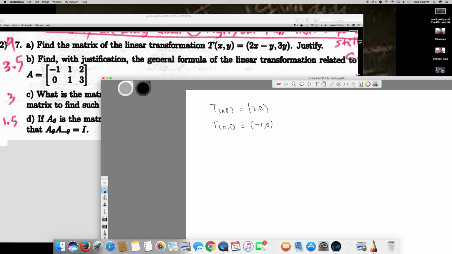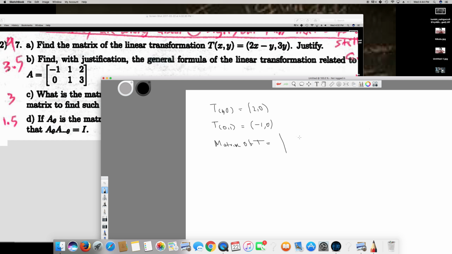Now I have found the matrix form of x and y. So let's write it as the matrix of T. The matrix of T is going to be equal to this.